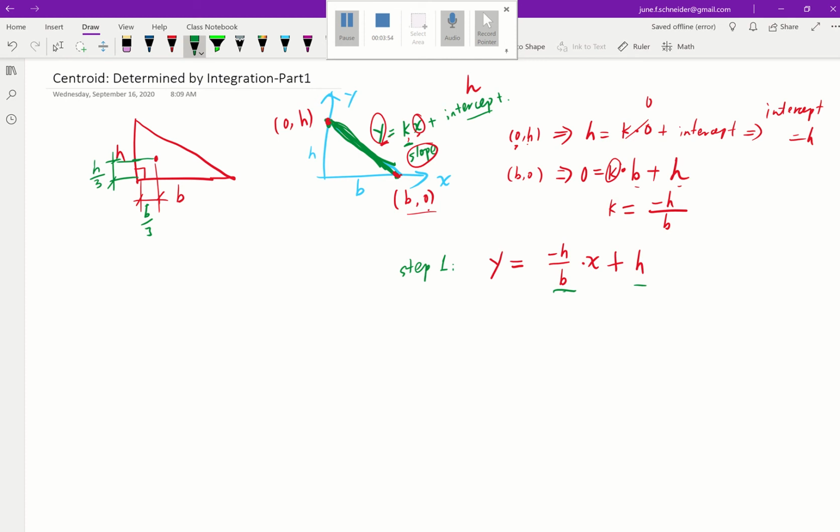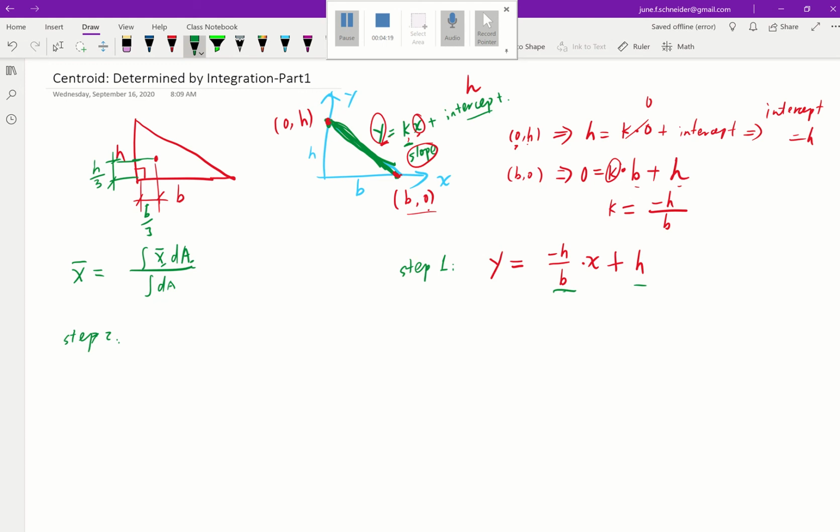Once we have that, we look at our next step, thinking about the equation. In order to find the x bar, we will have the integral of dA, and the integral of x tilde dA. Now be aware, x tilde is going to be the differential element area centroid. So here you have a choice.